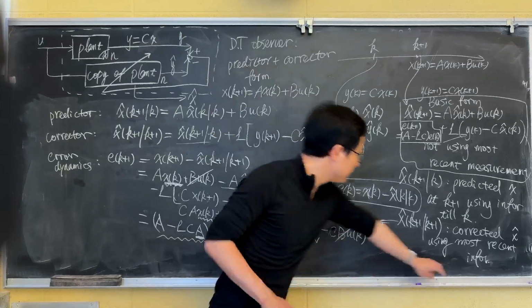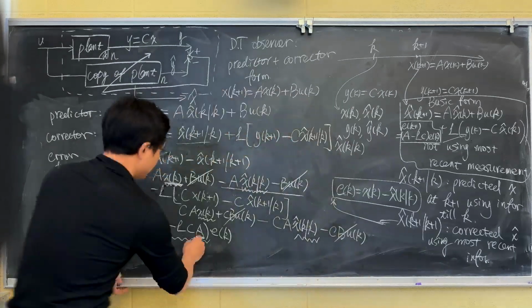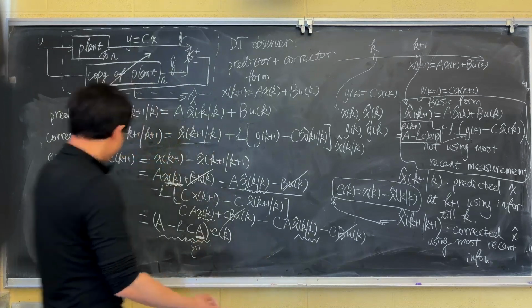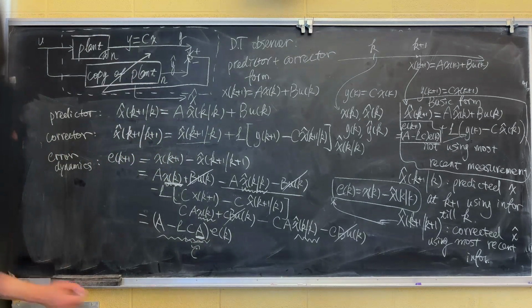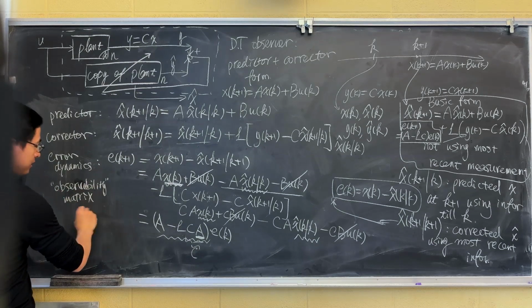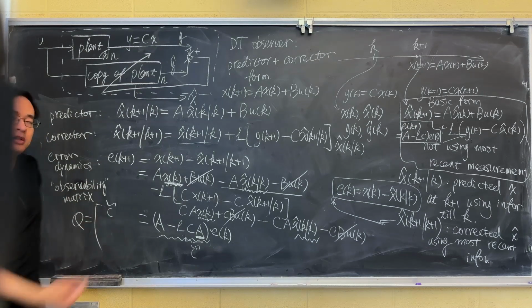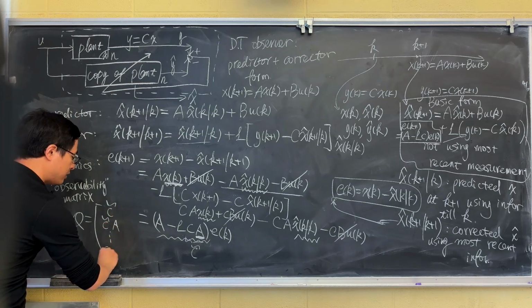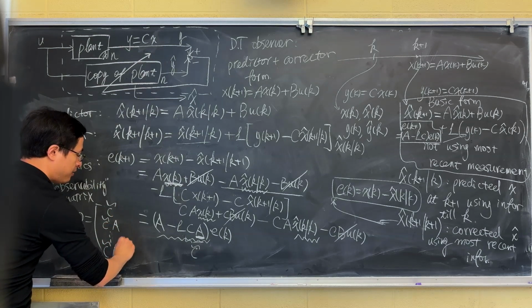In other words, the new observability matrix is C tilde, C tilde A, all the way to C tilde A to the n minus 1.